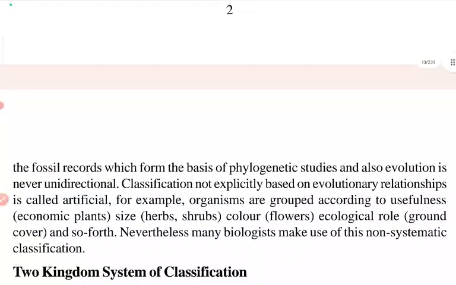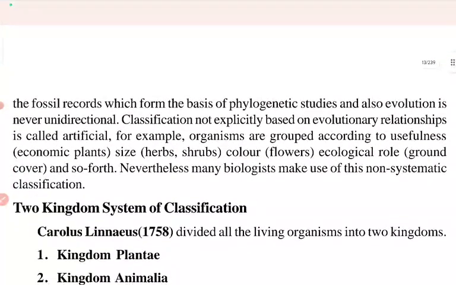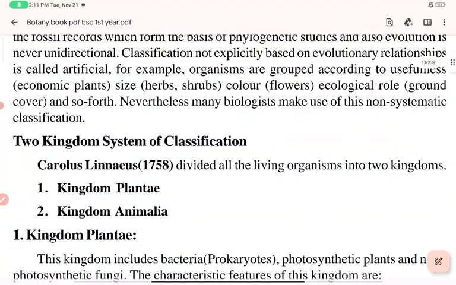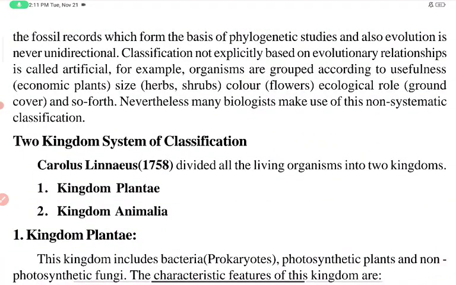Okay, so because finding fossils and finding other things, it's not in unidirectional order, okay, because some are wasted, some are deposited or anything else. Okay, so now these are never unidirectional.